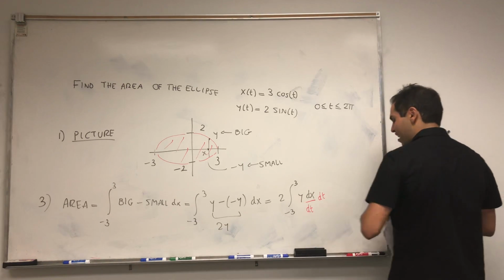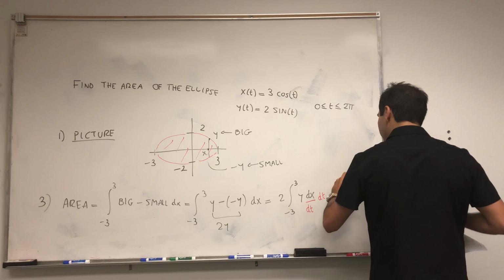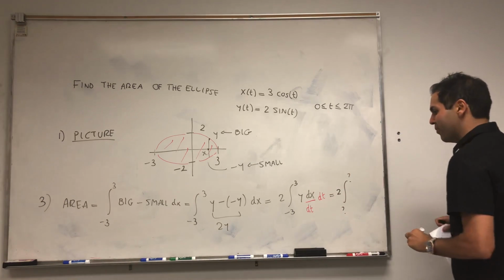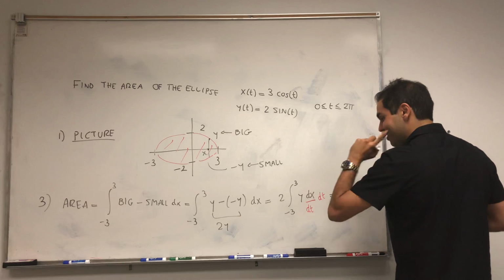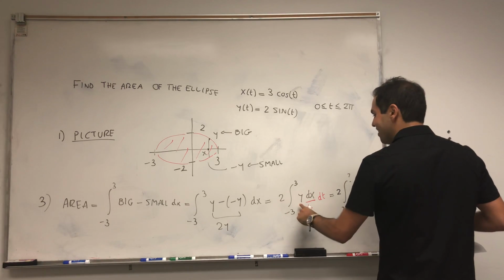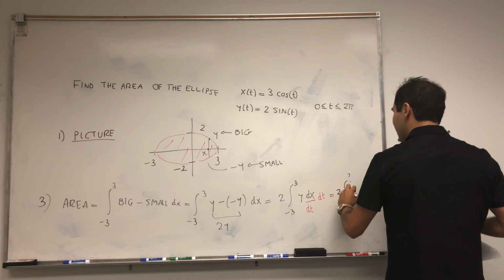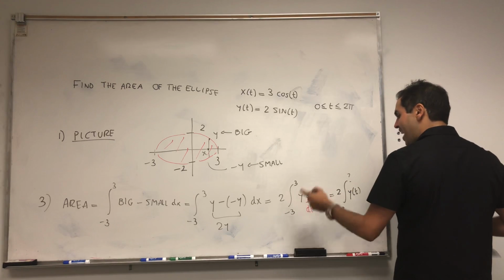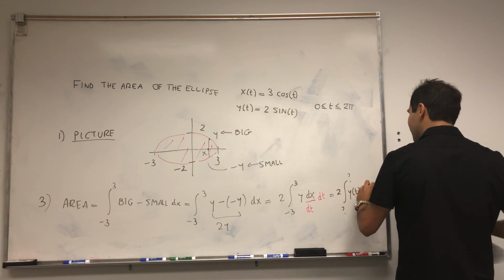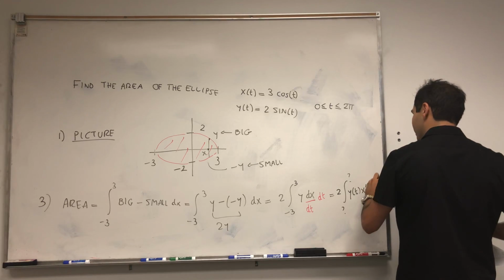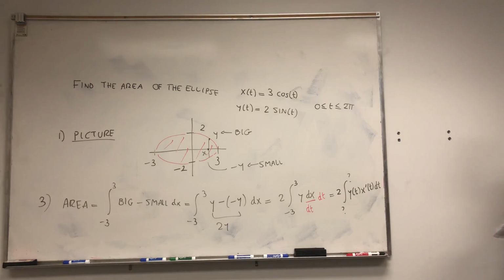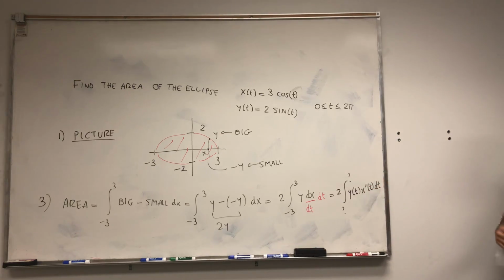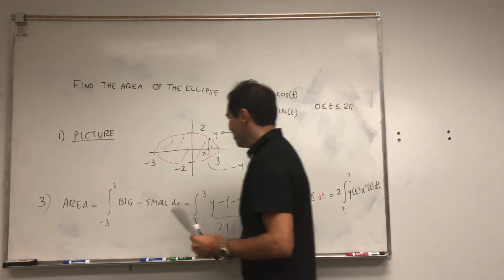Then we have 2 times the integral from something to something, a point I'll express soon, of y, which is a function of t, y of t, times dx over dt, which is the same as x prime of t, dt. So this is indeed our area in terms of an integral.